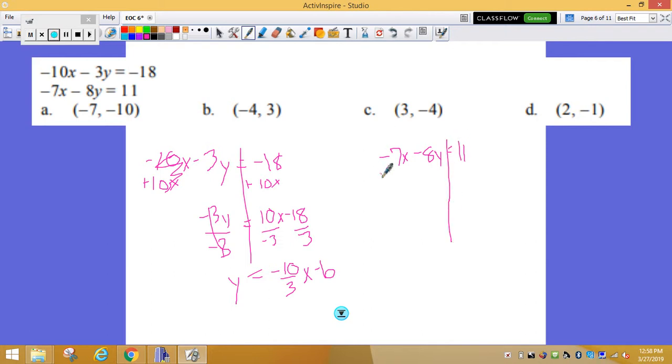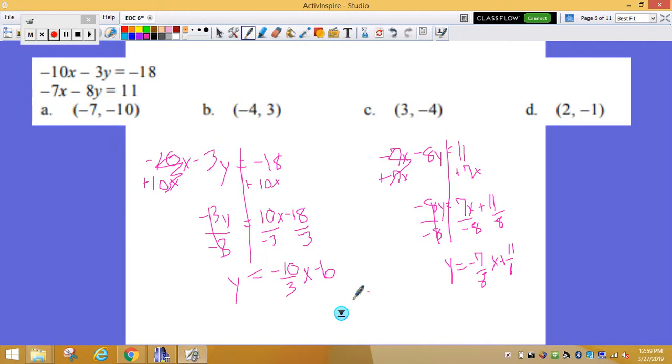So again, first up, I'd move my 7x by adding it. Bring down negative 8y. And I got a positive 7x and a positive 11. Divide by negative 8. So, negative 7/8 x plus 11/8.